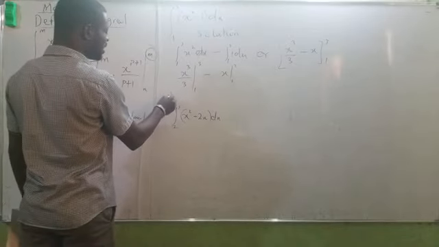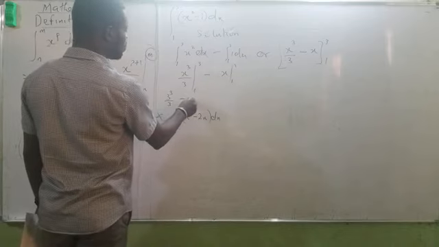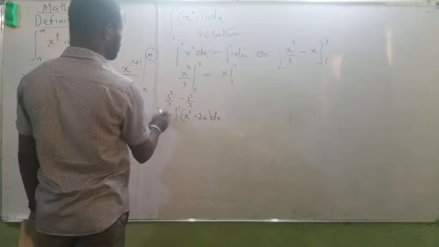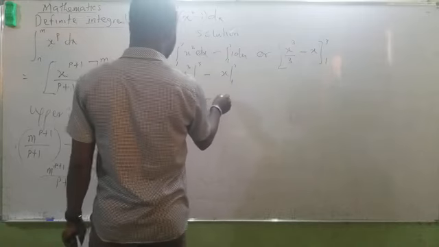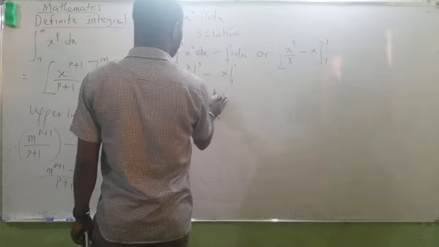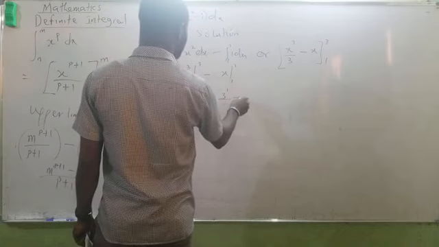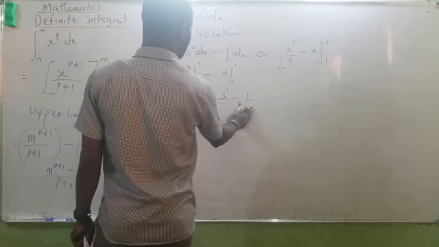It means 3 raised to power 3 all over 3 minus 1 raised to power 3 all over 3. That is my first one, minus 3 minus 1.